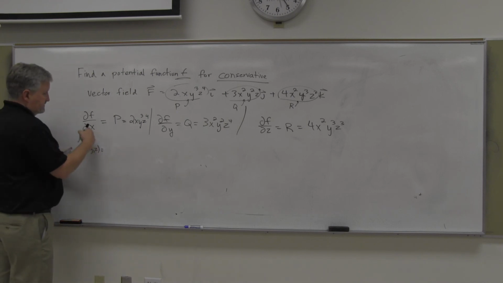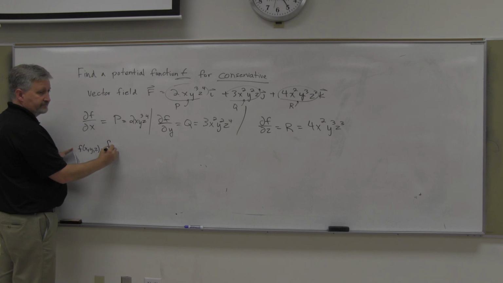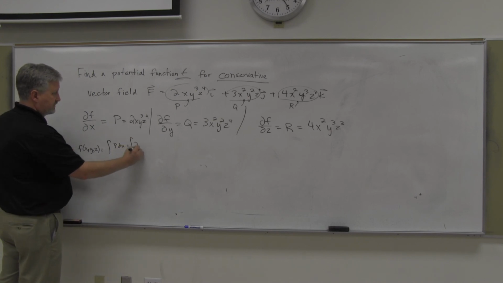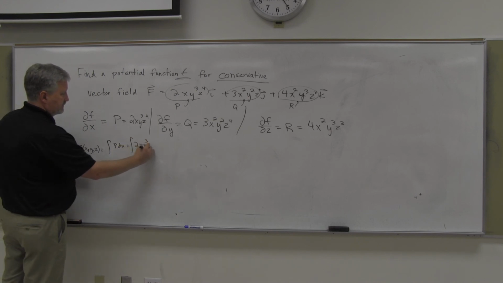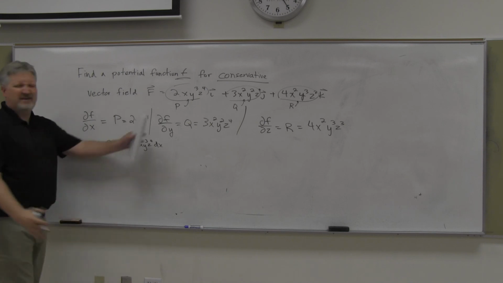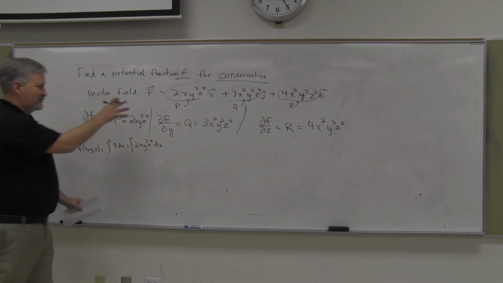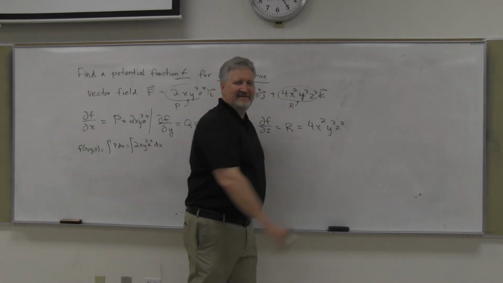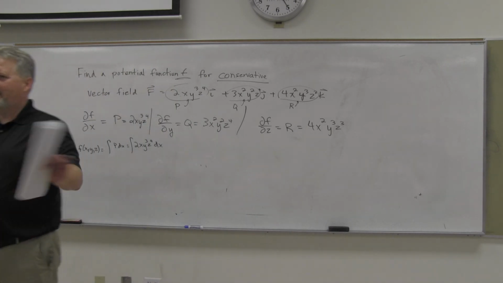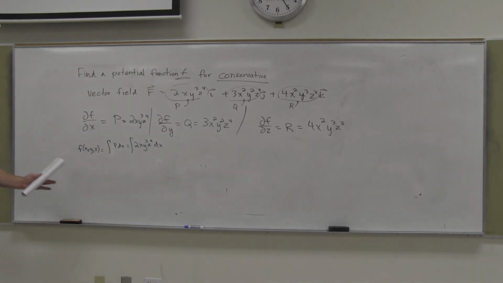Well, since this is a partial with respect to x, it'd be the integral of P dx. How does that look as far as doable? Any of these is probably doable in this case because it's just one part to each one. So I don't think it'll matter which one we do first. Let's just go with this one. That's going to be easy.